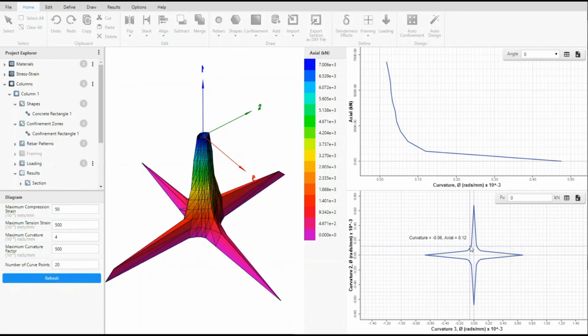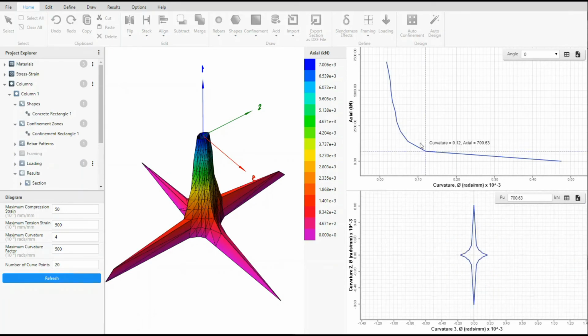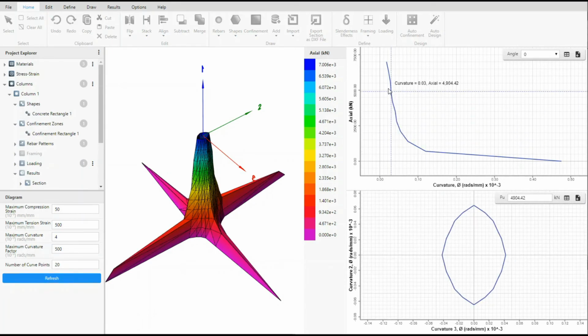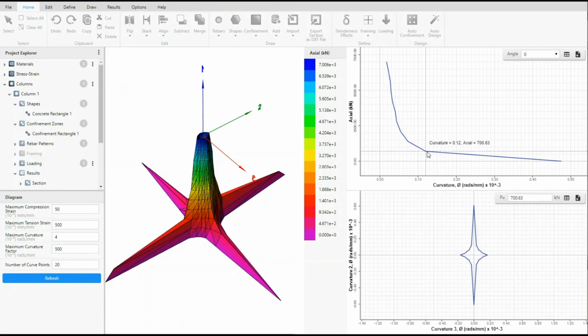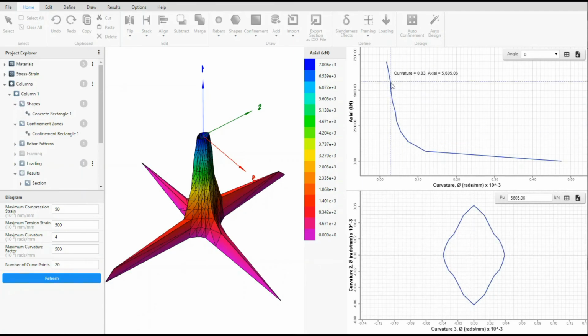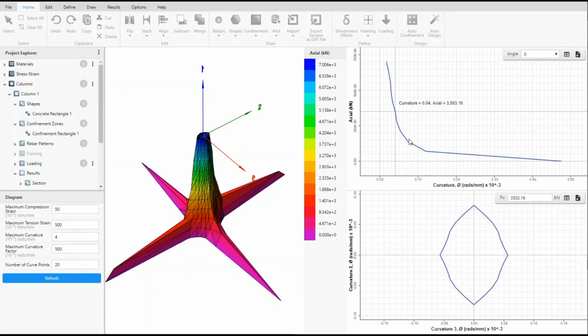You can see it varies a lot, and as soon as we rotate the cross section a little bit, we lose the curvature capacity quickly. If we move the cursor here, we can see how close to higher loads the curvature becomes almost uniform, but at the same time quite small compared to what we can get as a beam.